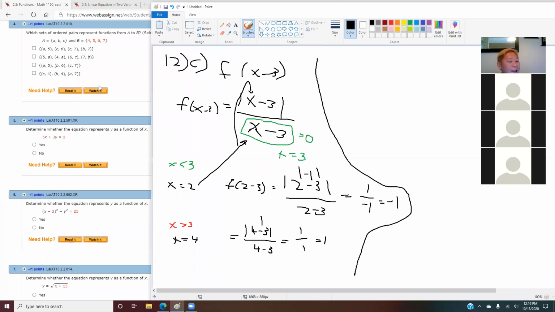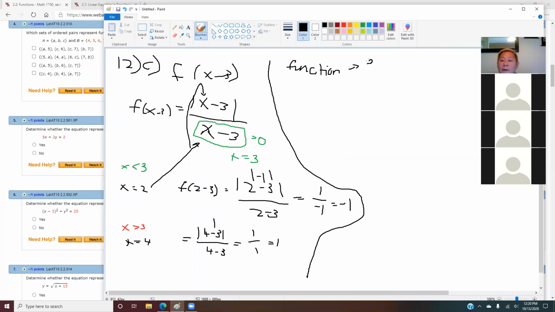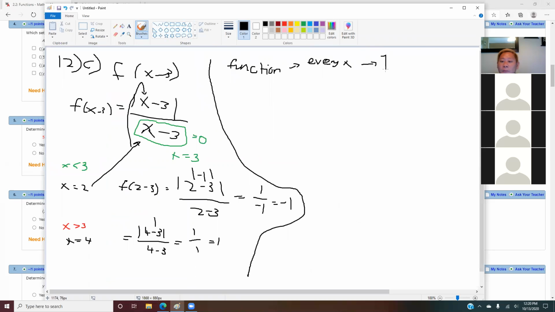Okay, good. So in order for us to figure out if this is a function, what is the function definition? The function definition says that every x can have only one y value. So what that means is that if you plug in a number for x, let's say you plug x equals 5, any number you want, into the equation, when you solve for y, you can only have one solution.